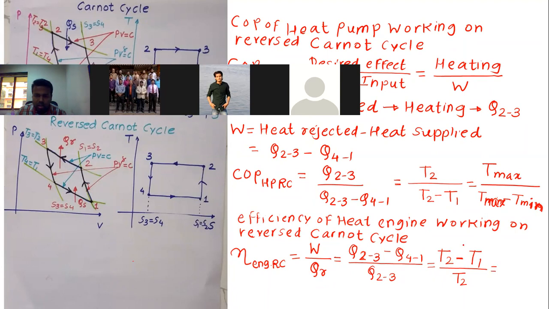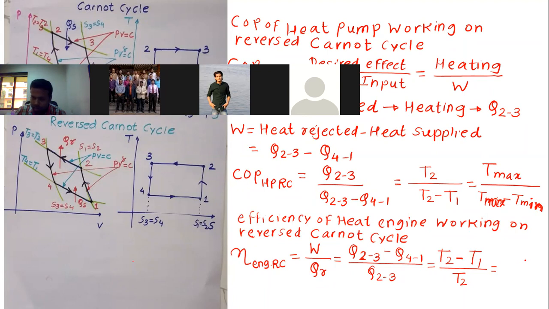So you can see the COP of a heat pump, when it operates on a reverse cycle, is T2 upon T2 minus T1. And here what we got is T2 minus T1 by T2.